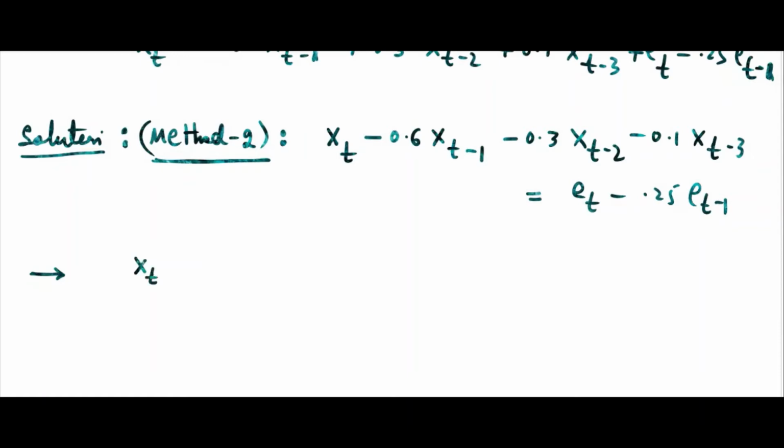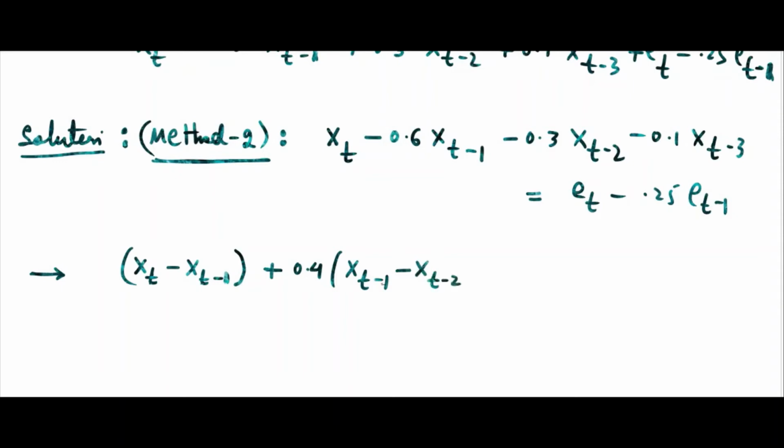You write xt minus xt minus 1, in a similar way we are doing, but you will see the difference. Xt minus xt minus 2, you have to write xt minus 1. Then you have to compensate, and I think you will get 0.4 xt minus 1, that is present here anyway.